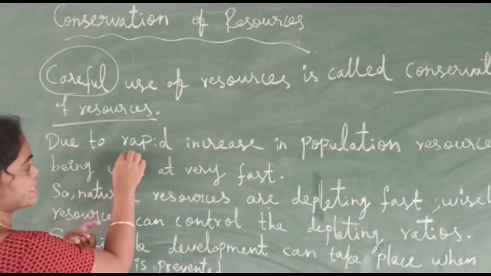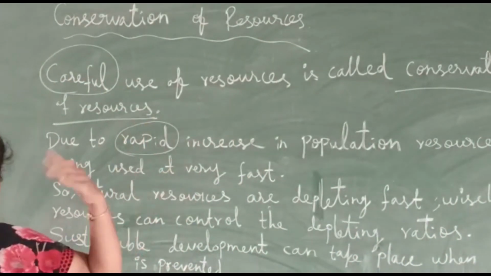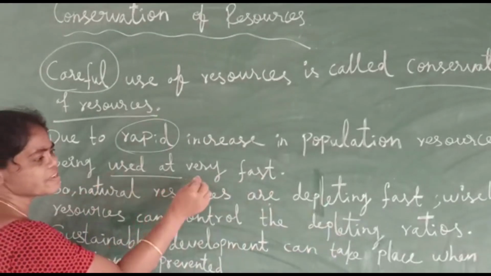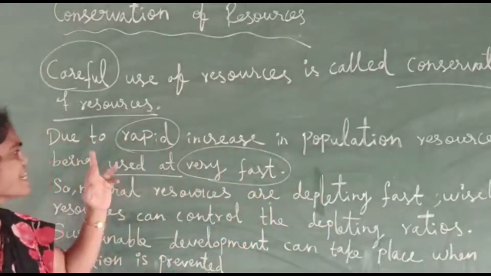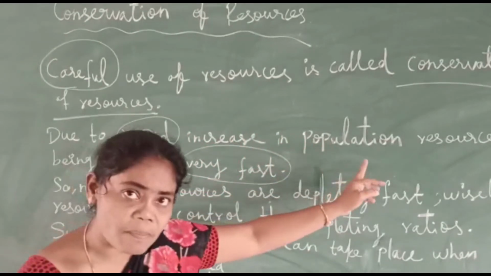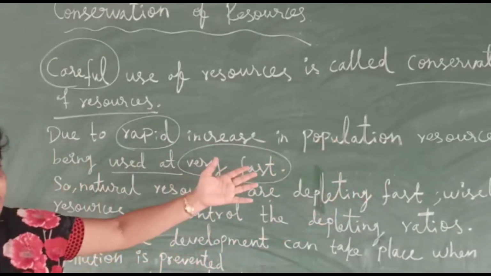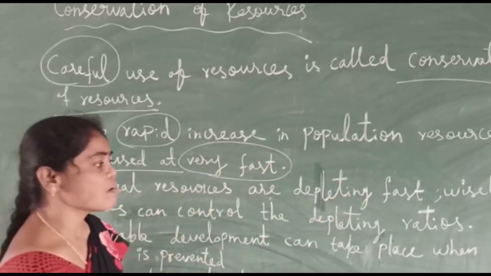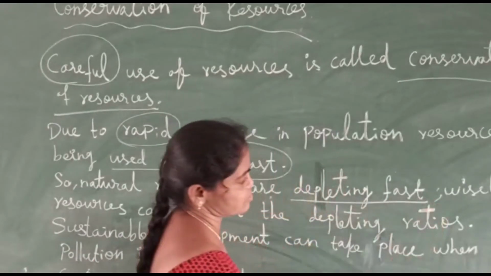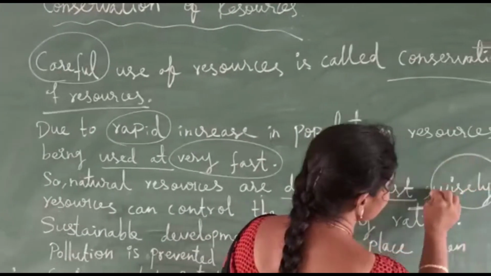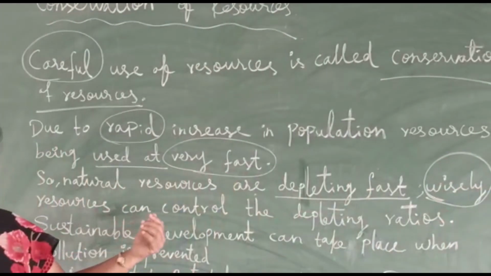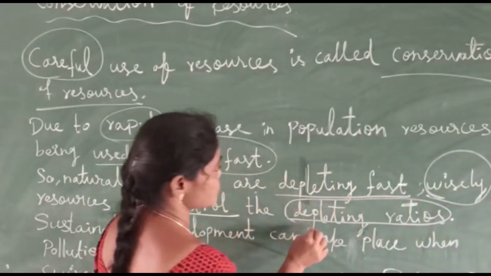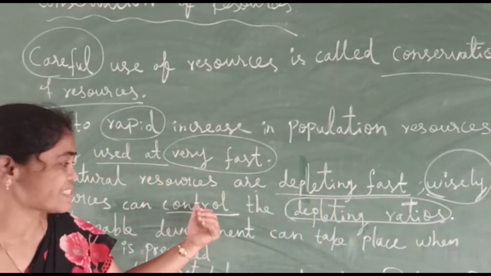Due to the rapid increase in population, resources are being used very fast. So natural resources are depleting fast. Wisely using resources can control the depleting ratios. So wisely we want to use them.